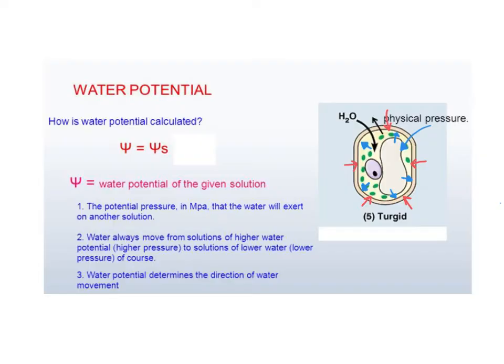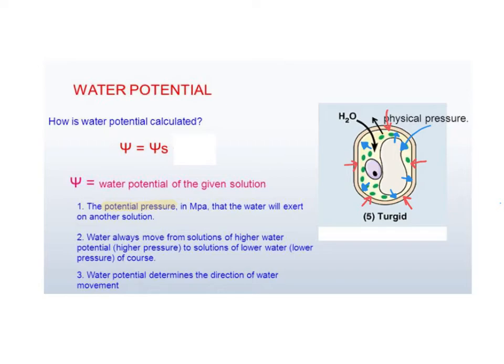Again, that water pressure is just the pressure that water will exert on another solution. And for our cells, it's the pressure on the cell walls. Water will always move from solutions of higher water potential, higher pressure, to solutions of lower water potential, lower pressure. Water potential determines the direction of the water movement.